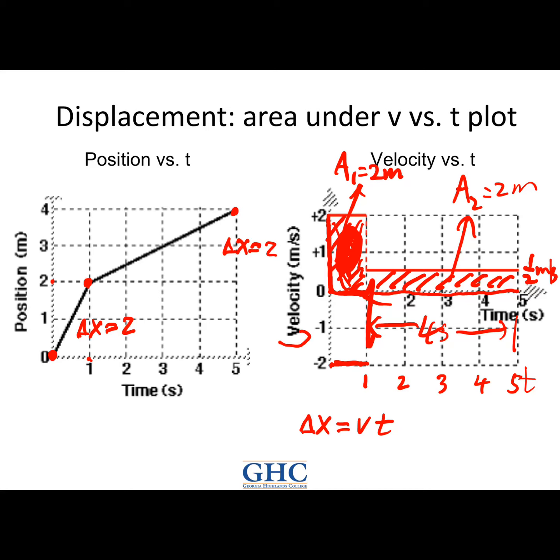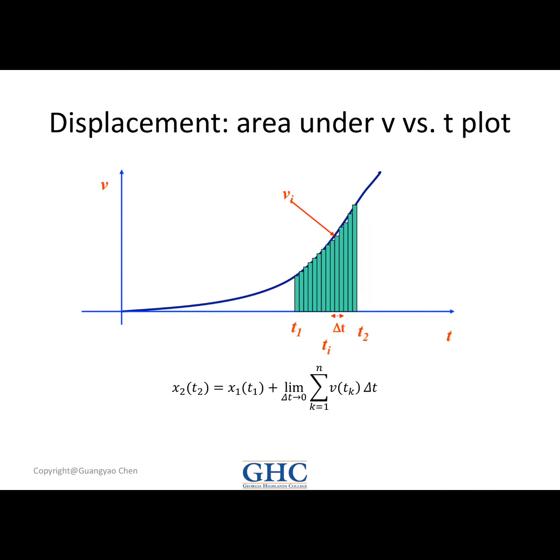So basically, we see that for uniform motion, the area under the velocity versus time plot gives you displacement. And actually this is generally true.